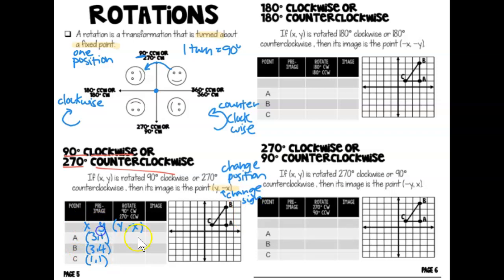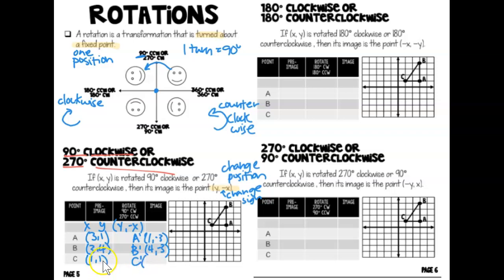So here's all my x's and all of my y's. Taking my y value first, just changing position, so this is A prime, and then taking my x value second and changing the sign, -3. So (1, -3). Take my y, write it first, 4, take my x, change the sign, -3.